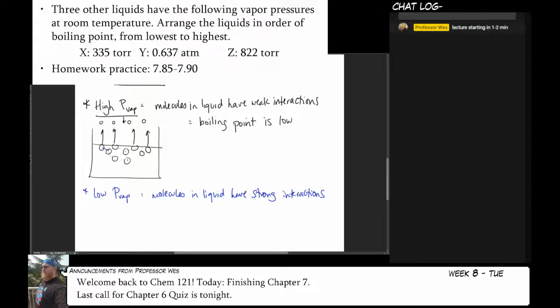So these aren't really bonds, I just don't know how to draw them so that you could see them. And so they're all held together by these interactions. That means that it's much harder for the molecules to escape because they're bound to other molecules through these interactions. And since the vapor pressure is low, we have to heat it up higher.